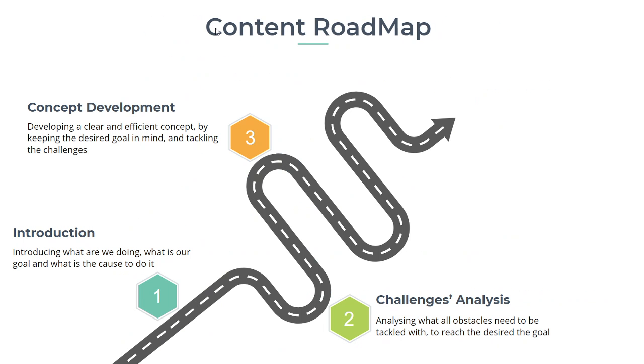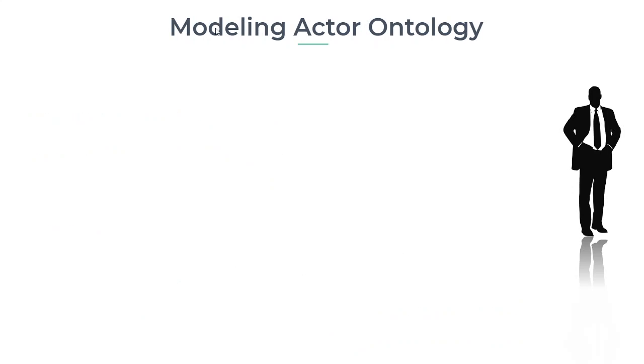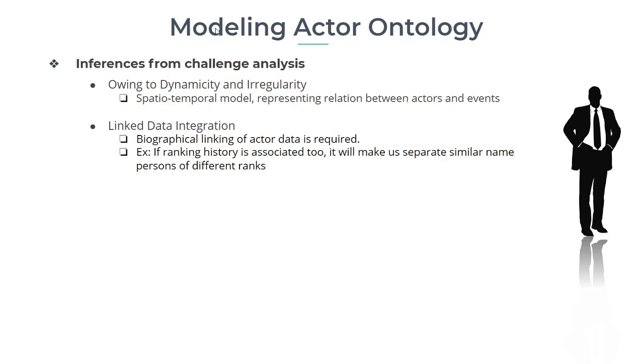Now let's see what all concepts we have to develop to tackle the challenges. So we'll model our actor ontology based on inferences we get from challenge analysis. Our first challenge was that war is dynamic.